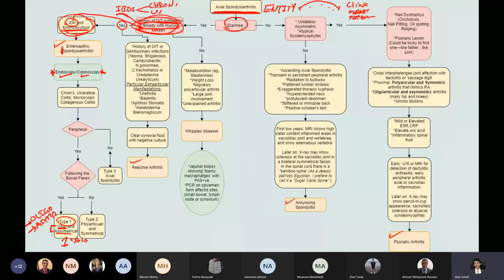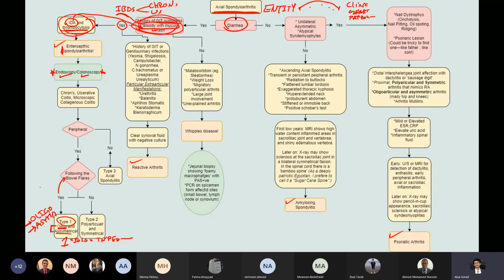He should be relying only on himself to do the things that he needs, the things that have to be done. So with this solo, you predict that this arthritis should be independent of any other features. But what's quite striking here is that this type 1 is dependent. We said that it follows the bowel flares.